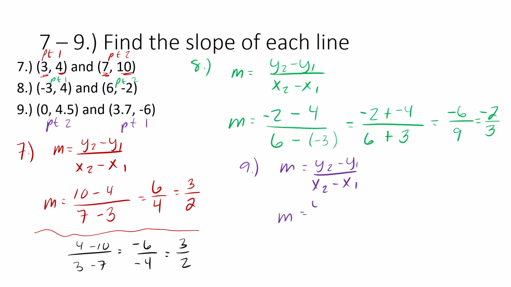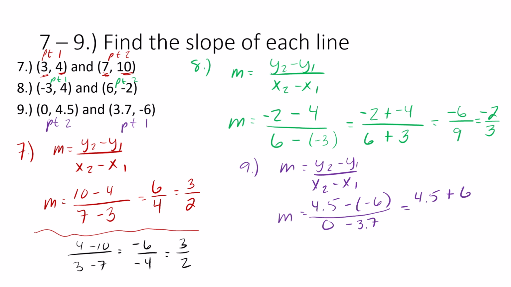Y2 in this case is 4.5 minus y1, which is -6, over x2, which is 0 minus 3.7. So what is happening here? So minus a negative, so that would be adding the opposite.